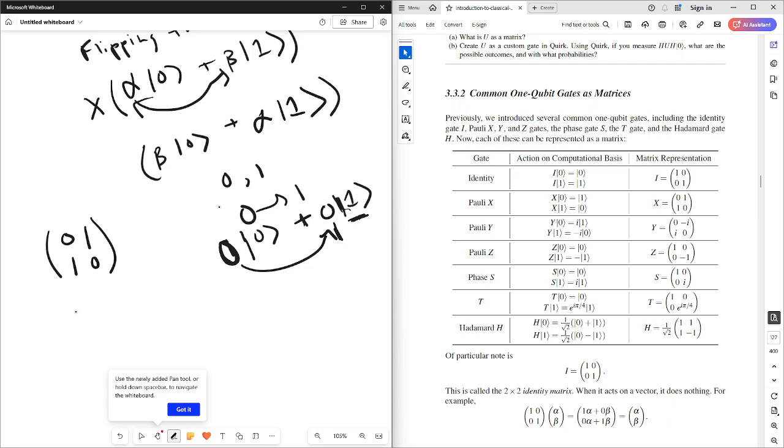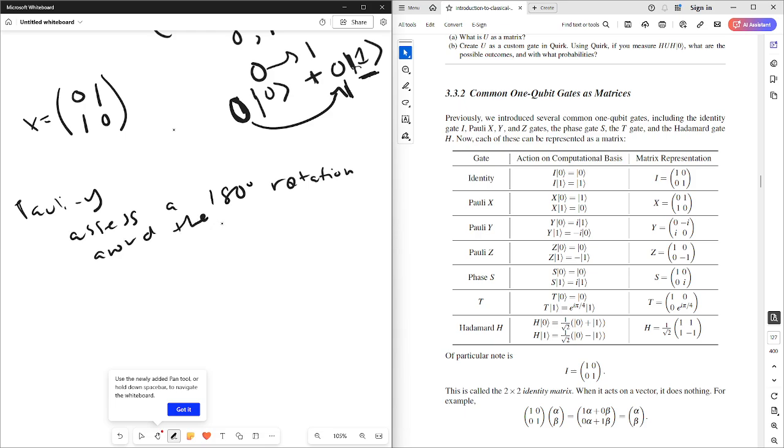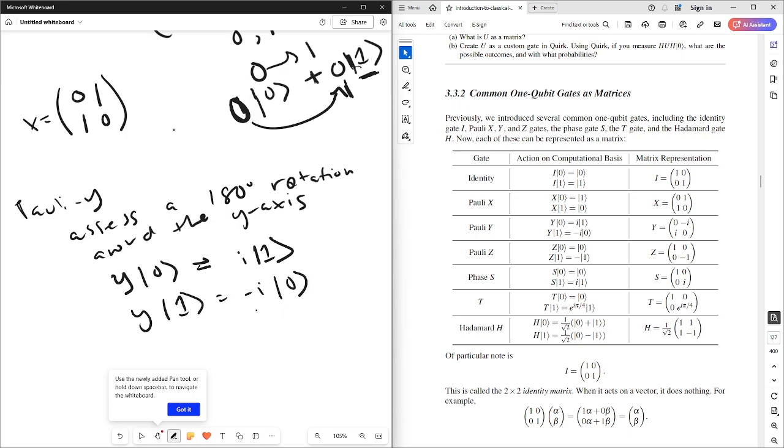All right, so that's the X gate. The Y gate, as we discussed yesterday, the Pauli Y gate assesses a 180-degree rotation of the qubit position around the y-axis, and it affects state 0 by putting it into I state 1 and state 1 into negative I state 0, applying I and negative I to the amplitudes rather, and flipping the state.